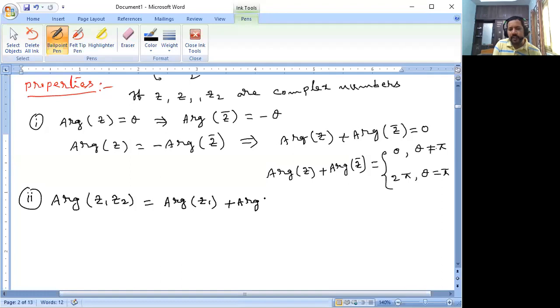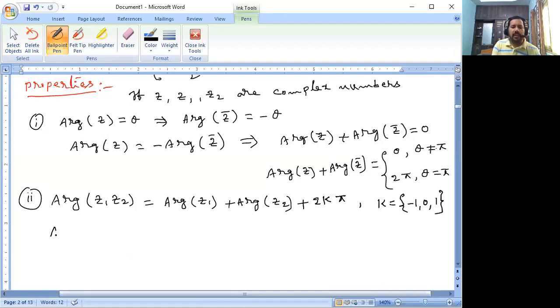Here you have to remember that the amplitude lies in minus pi to pi; this is the formula, or otherwise we can take plus 2k pi, where k value is minus 1, 0 or 1.